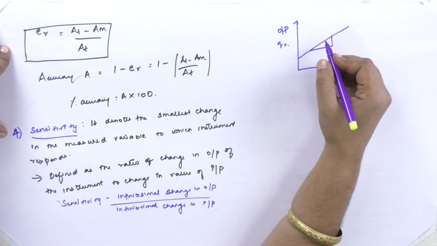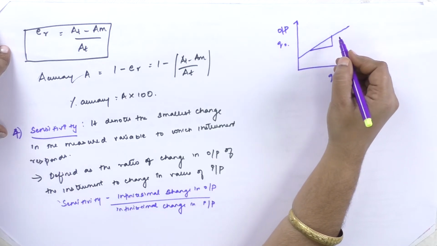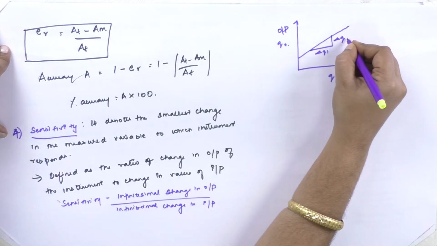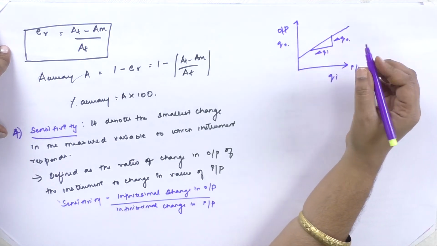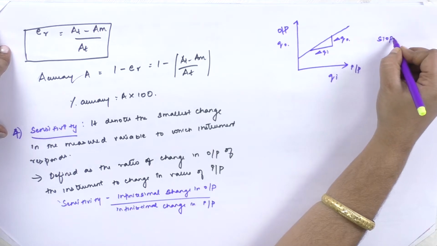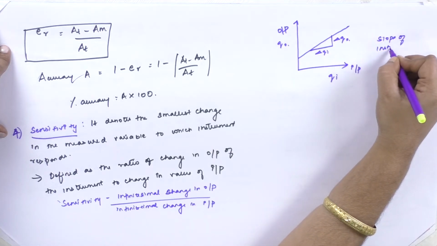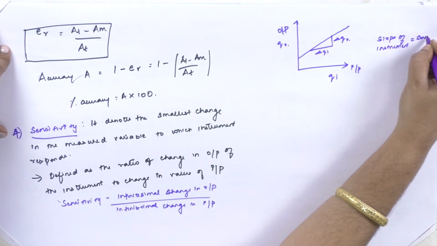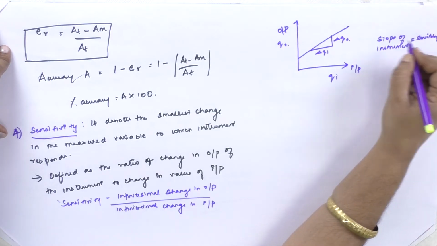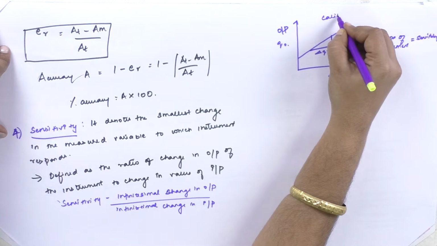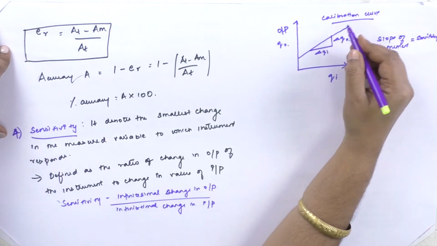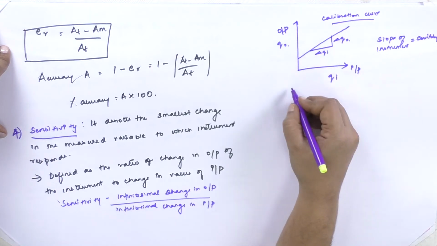If you calculate the slope of this linear curve, that is the small change in output to the small change in input, the slope gives the sensitivity of the instrument. This is the case when the characteristic is linear.